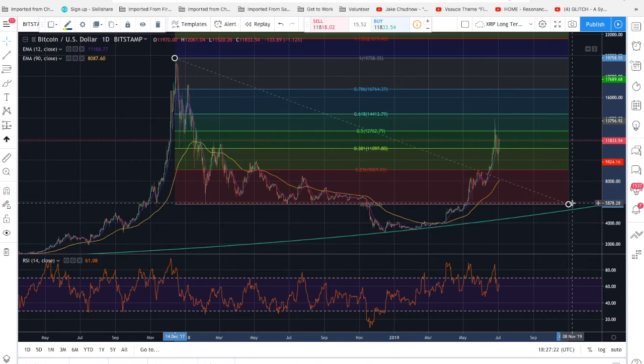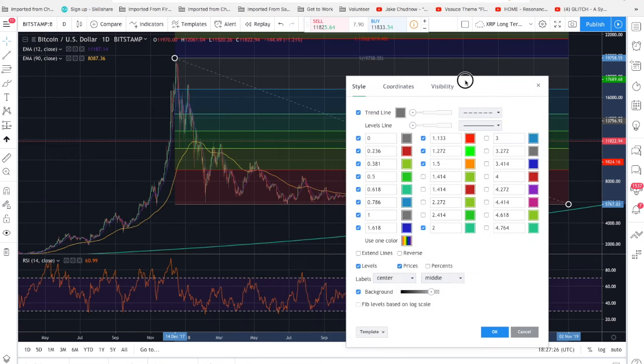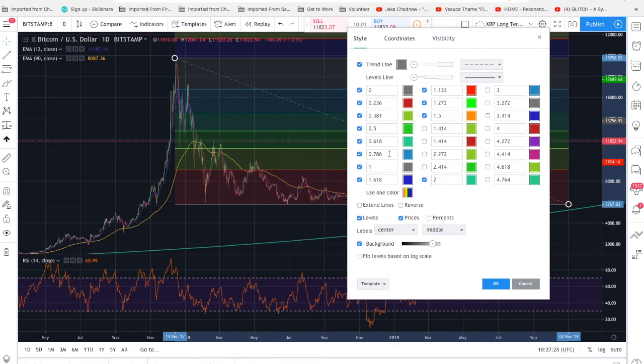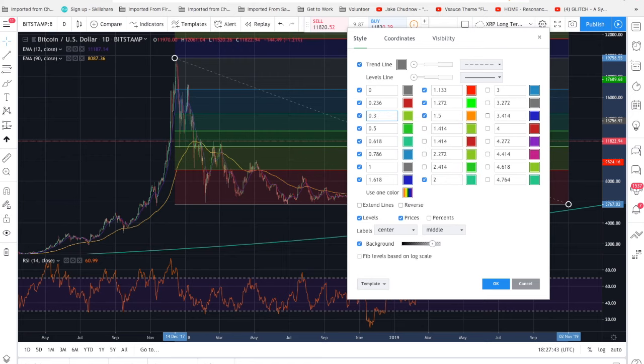So if you were to go in here and change this, and I can't remember if you go up or down, so it's 0.386, so if we were to go 0.4, no, I'm sorry, 0.37, okay, 0.395, 0.345.